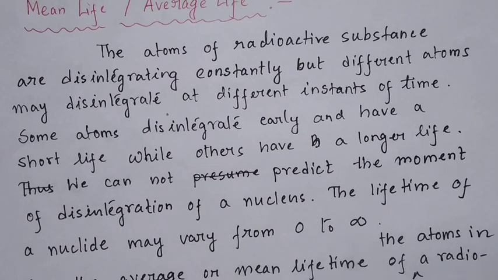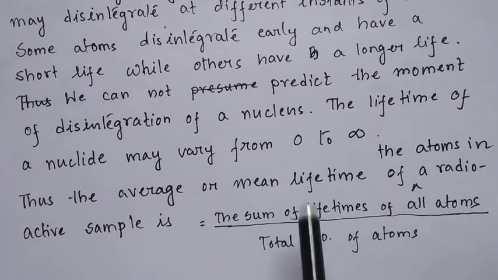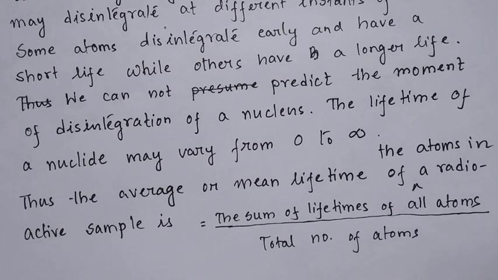So in a radioactive sample, various atoms have various lifetimes, they decay at different instants of time. We may take the average or mean lifetime of all the nuclei present in that radioactive sample. So what will be the average or mean lifetime of the atoms in a radioactive sample?